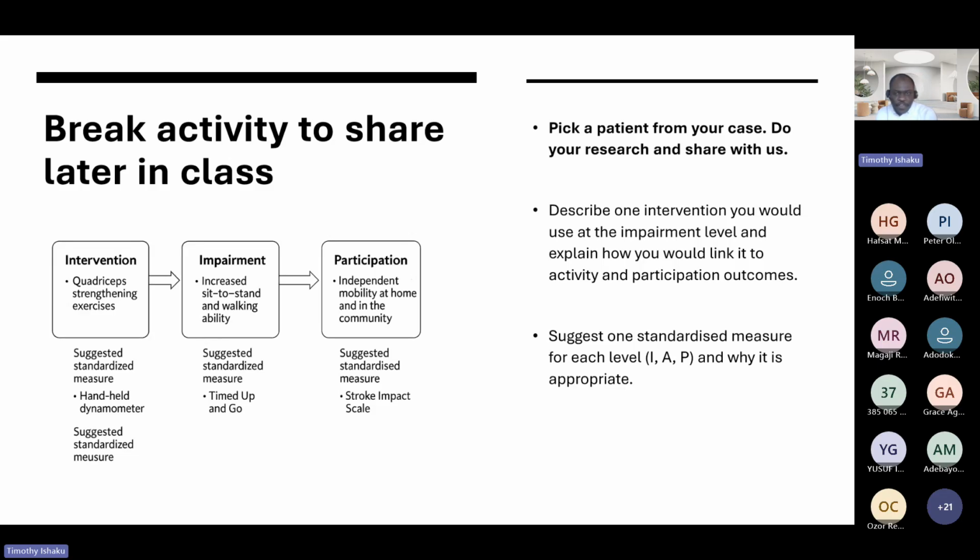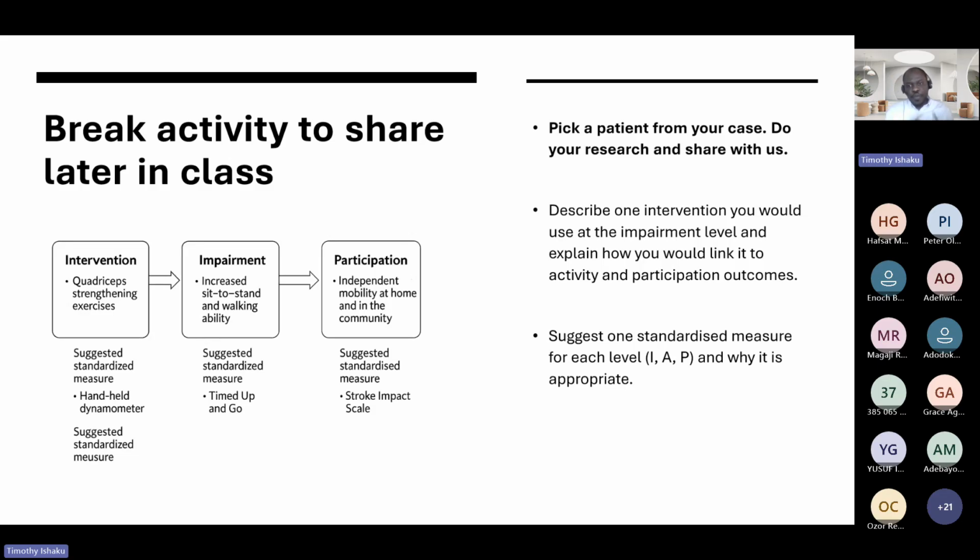Now that is intervention. So you have the problem list, which is what we describe. The treatment, you describe at different levels and how they are linked. I would like you also to suggest outcome measures. We've not talked about it because it's almost lunchtime, but usually we can assess outcome measures at different levels.